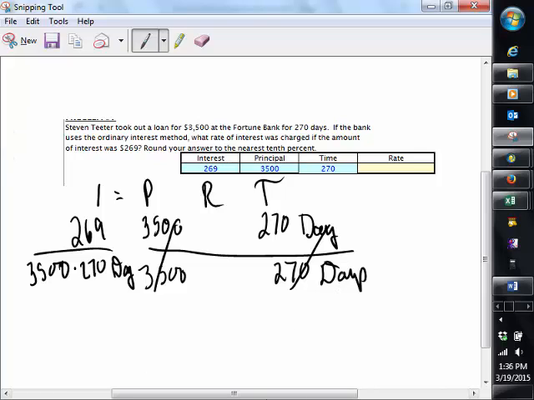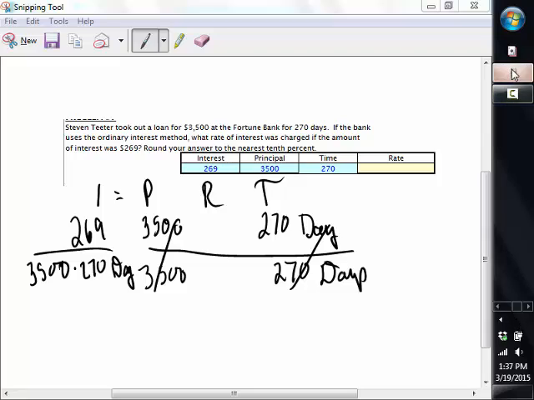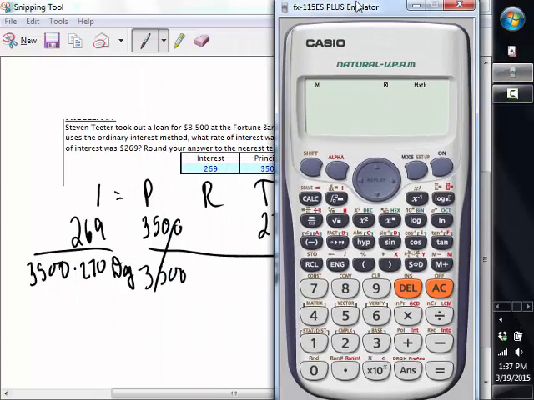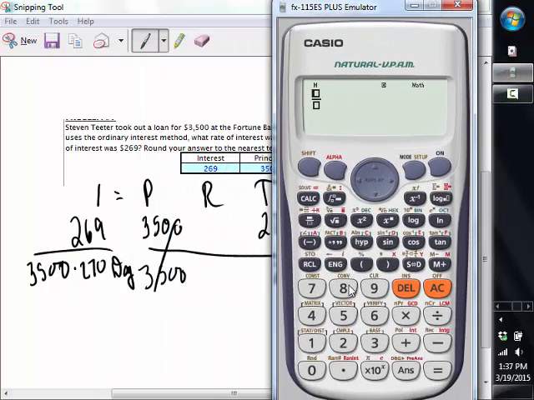So on our calculator, we would press the fraction key. The numerator is the 269. And then the denominator will be 3,500 times, and we need another fraction because that 270 is in days.